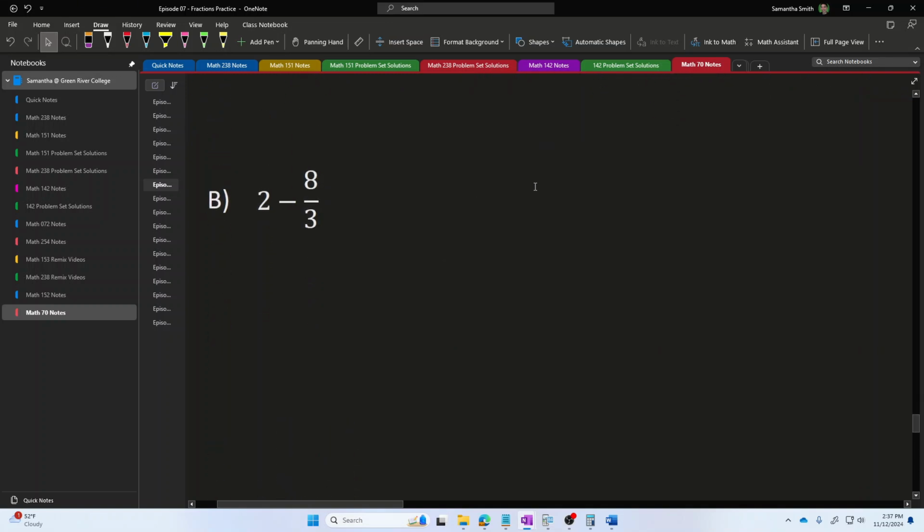And if, for example, I had 2 minus 8 over 3, if I wanted to do this subtraction of these two fractions, I would start by acknowledging, okay, these fractions don't have the same denominator. So these quantities are not of the exact same size. The pieces are not of the same size.